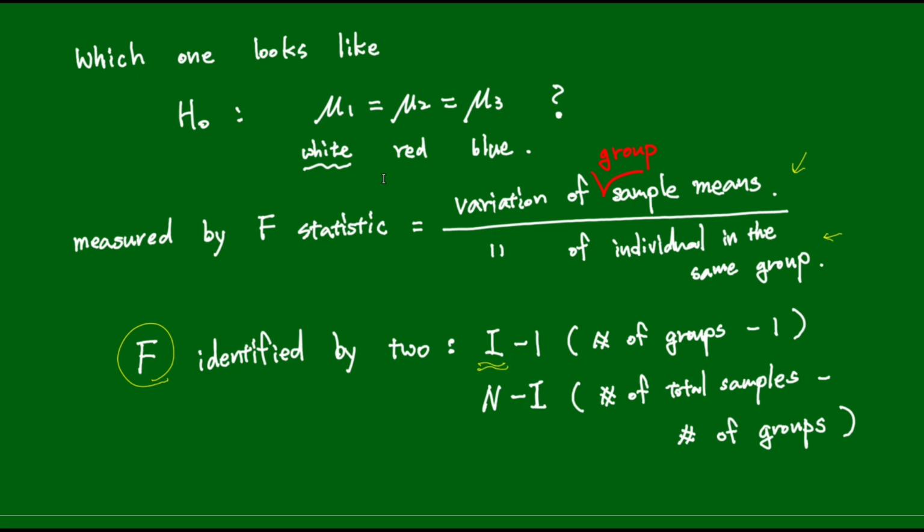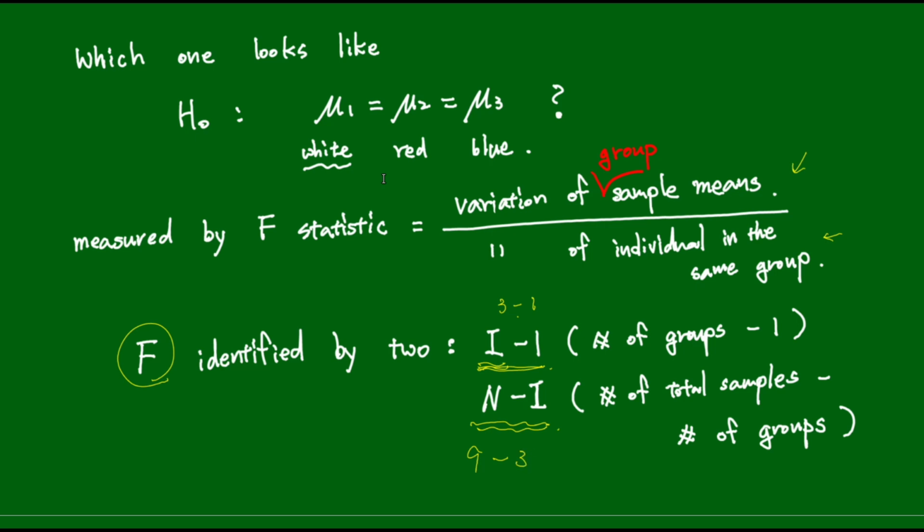In our situation, we have 3 groups, right? And we use I minus 1, so 3 minus 1. And n minus I is the total observations we have: we had 9 numbers as our observations, subtracted by the number of groups.